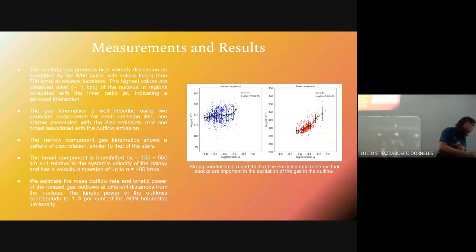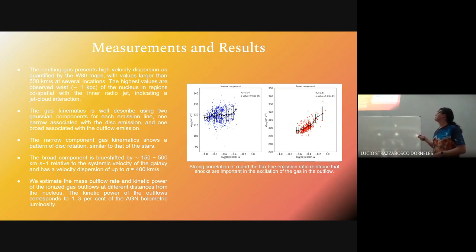What else? So, as results, the gas kinematics is all described using two Gaussian components. The emitting gas presents high velocity dispersions around 500 kilometers per second. There is this relation here, spatially, with the O1 emission, so we can conclude that it is probably a jet-cloud interaction with the radio jet.